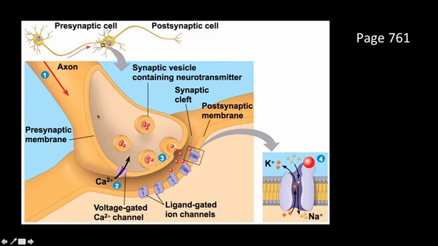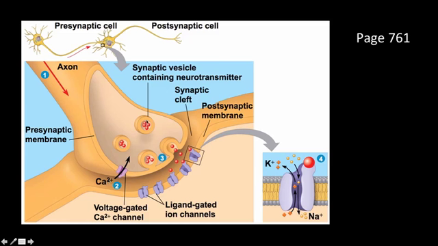So, a quick review. An action potential reaches the axon terminal and causes the membrane to depolarize here, flipping the charges. Remember, depolarization is flipping the charges. When the charges become flipped, it causes voltage-gated calcium ion channels to open. Calcium rushes in.